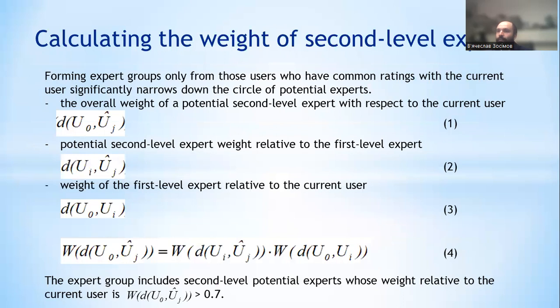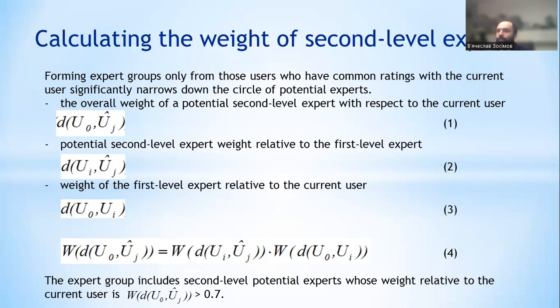Forming expert groups only from those users who have common ratings with the current user significantly narrows down the circle of potential experts. To solve this problem, a method for calculating the weight of experts in the absence of common ratings with the current user has been proposed.